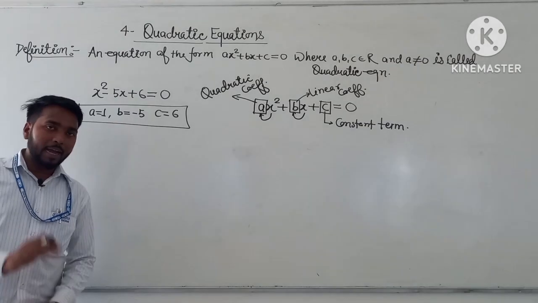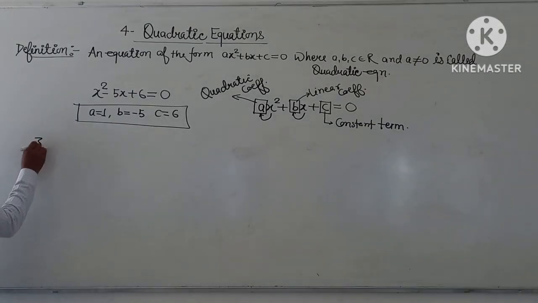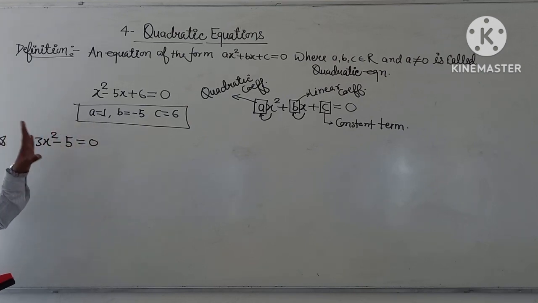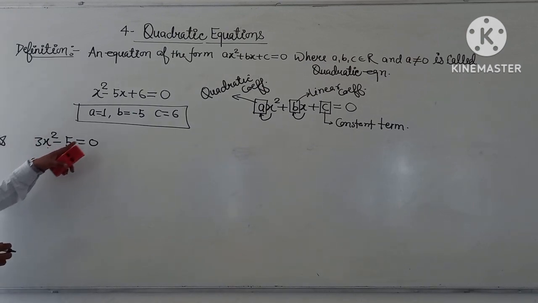Now students, suppose I write another equation, that is 3x square minus 5 is equal to 0. So this is also an equation, and here the variable's power is 2, so it is a quadratic equation. Now, for the values of a, b, c, you will observe that the coefficient of x square is 3, so a is equal to 3, and there is no x.